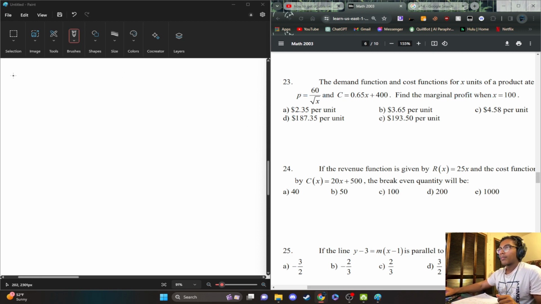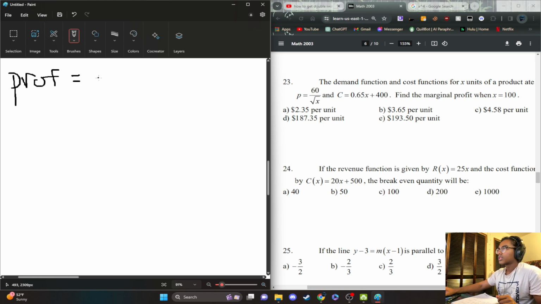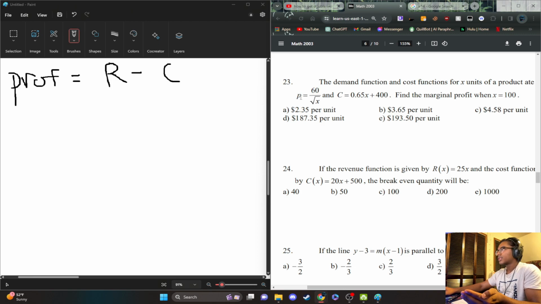So your profit equals your revenue minus your cost. How much you're earning minus how much you have spent. They're giving you the demand, which is P. Now we have to find R and C. C is already given. Now we have to find R.